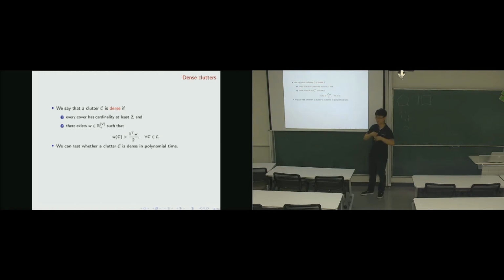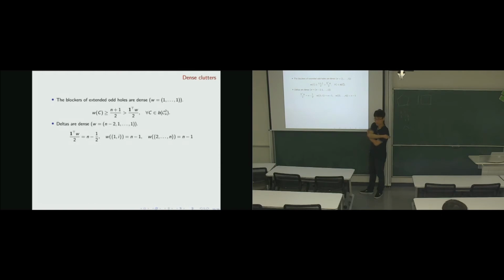Actually, if you give me a clutter, you can test whether a clutter is dense in polynomial time by solving this linear program. So basically, if the optimum value of this P is greater than 1/2, then the X will be the certificate weight. Okay.